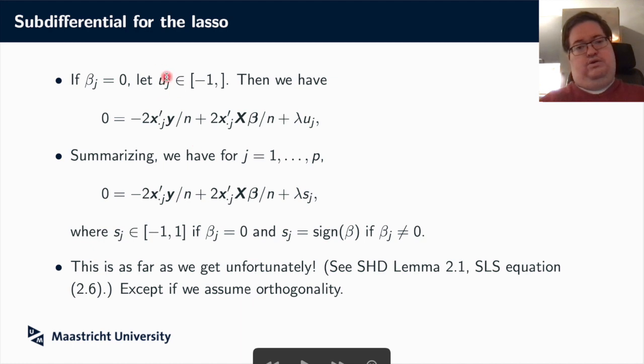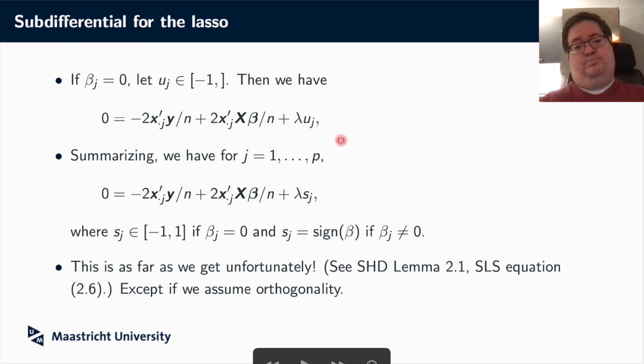Well, there we define a new variable, say uj, which should be between -1 and 1, so there's a 1 missing here. And then we can say, with that variable, which represents the subdifferential, there must be some value between -1 and 1 which makes this equation 0.